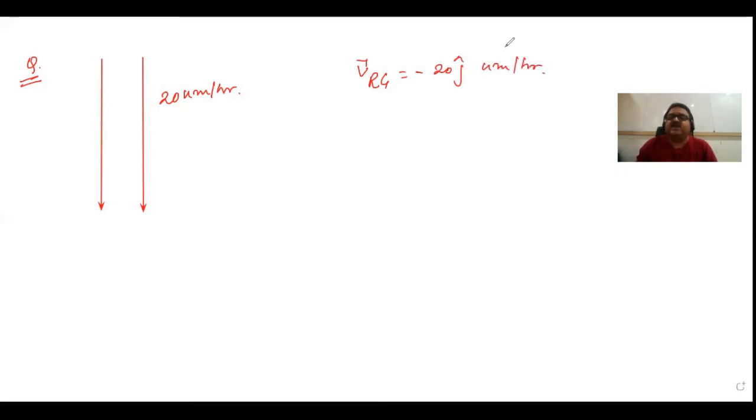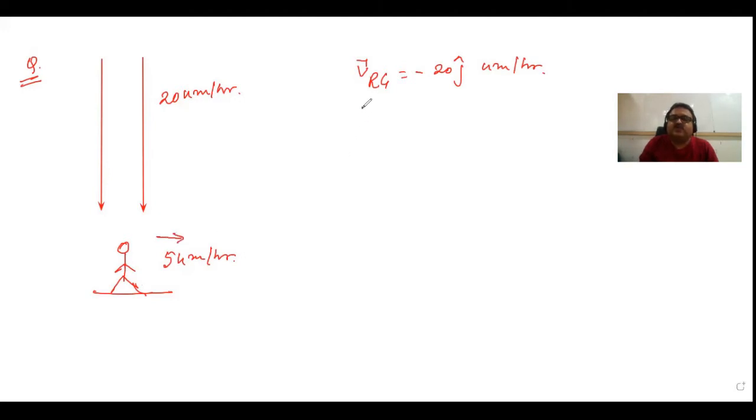A man is moving towards the positive x-axis, correct? With a speed of, say for example, 5 kilometer per hour. So this is the speed of the man in this direction.